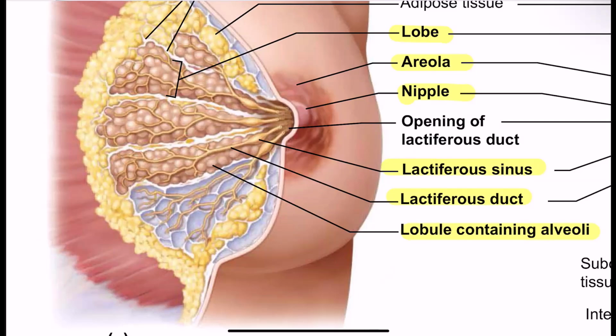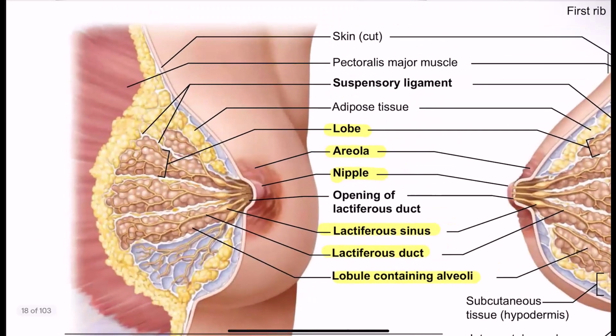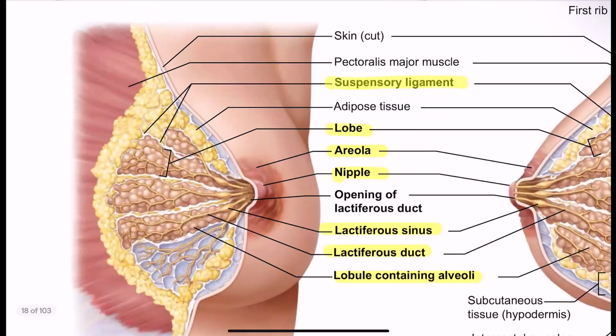Because all of these lobes are separated, the support for the mammary glands is called suspensory ligaments. The suspensory ligaments are all these bits of white, which provide a little bit of support because they attach to the dermis, but also some of the other tissues.